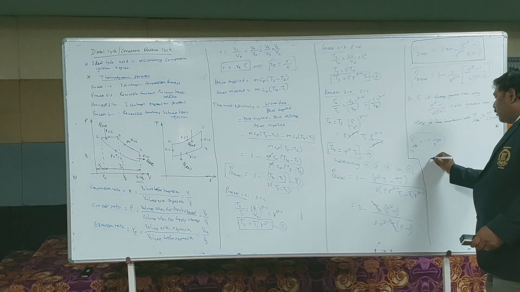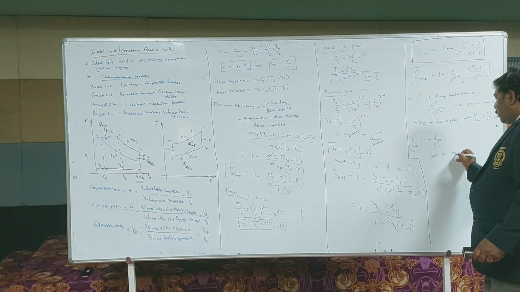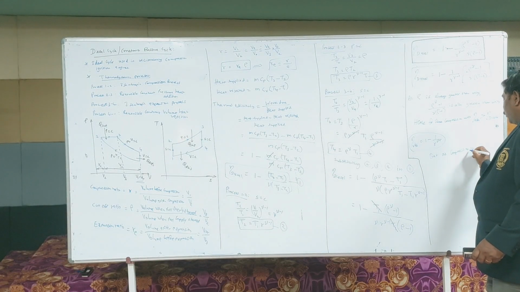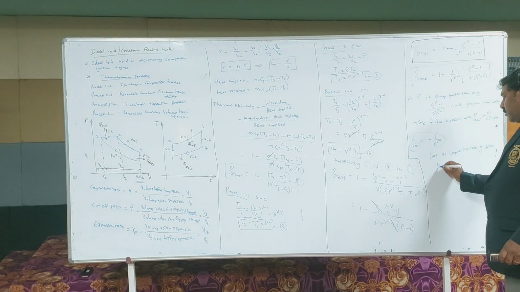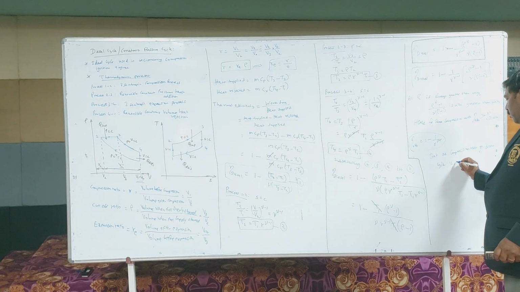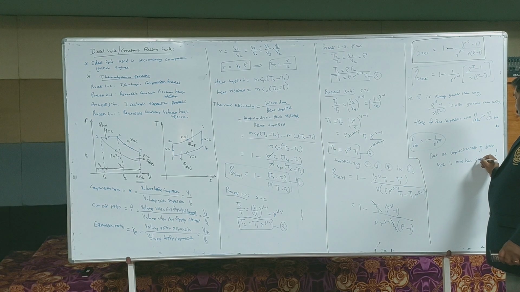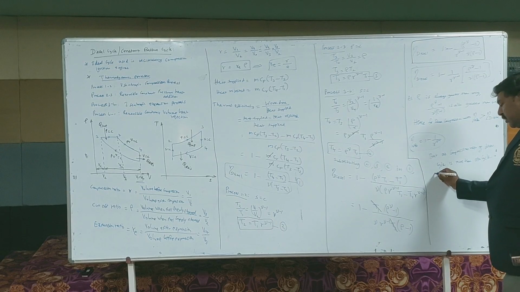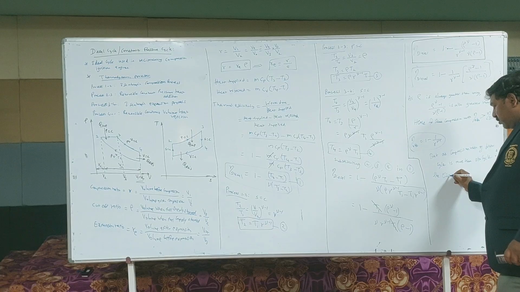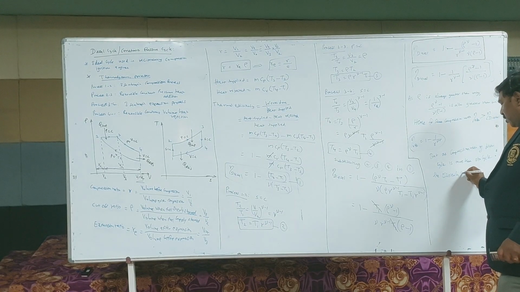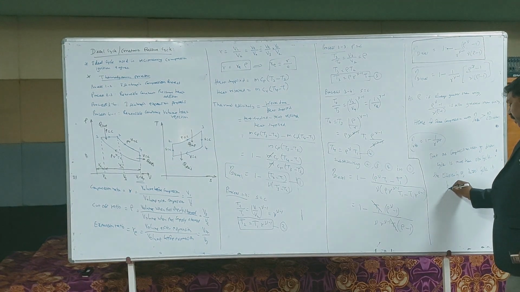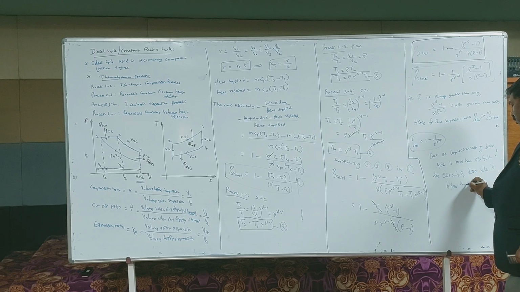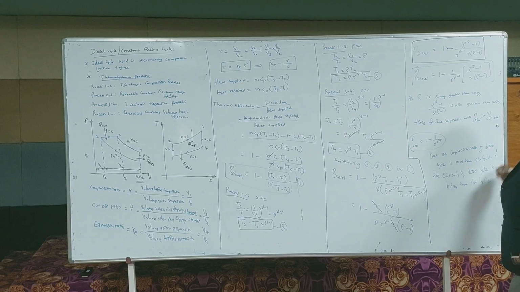And then, but as compression ratio of diesel cycle, or diesel engine we can say, is more than Otto cycle, the efficiency of diesel cycle is higher than Otto cycle.